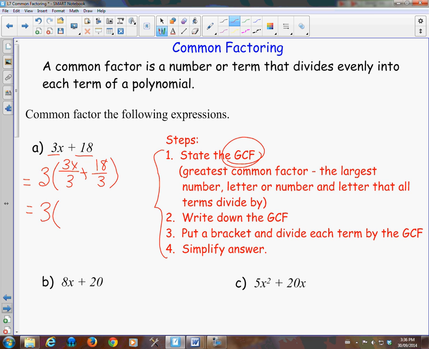So 3 divided by 3 would be 1x, and 18 divided by 3 would be 6. And the idea here is, if I were to remove my brackets, I would get the answer I started with, because 3 times x is 3x, and 3 times 6 is 18, what I started with.